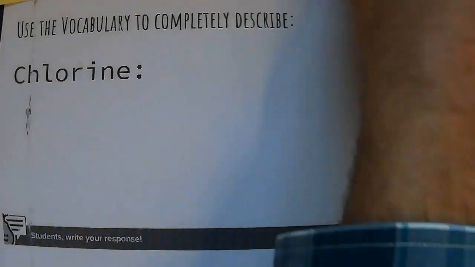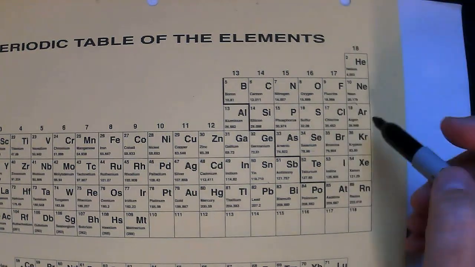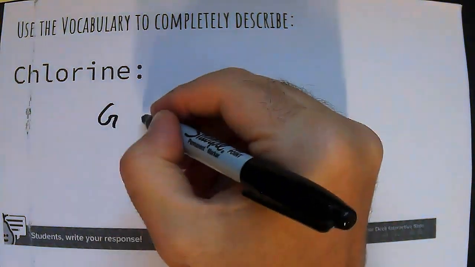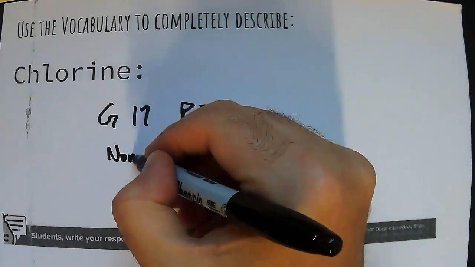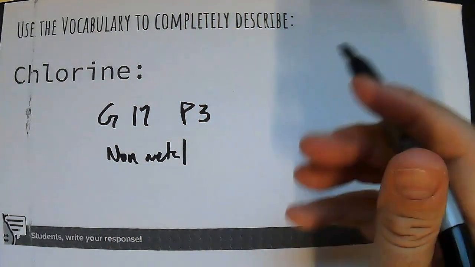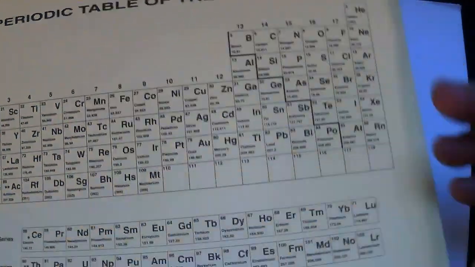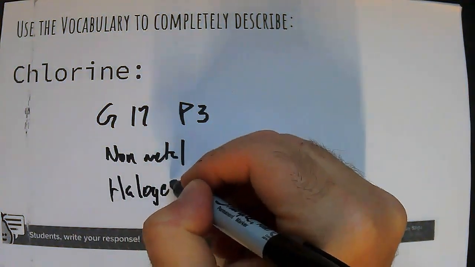Okay, so chlorine. Chlorine is here. Okay, so this is group 17, period 3. It's also a non-metal. It's above the stair step, right? Let's see. It's in group 17, which is the halogens.